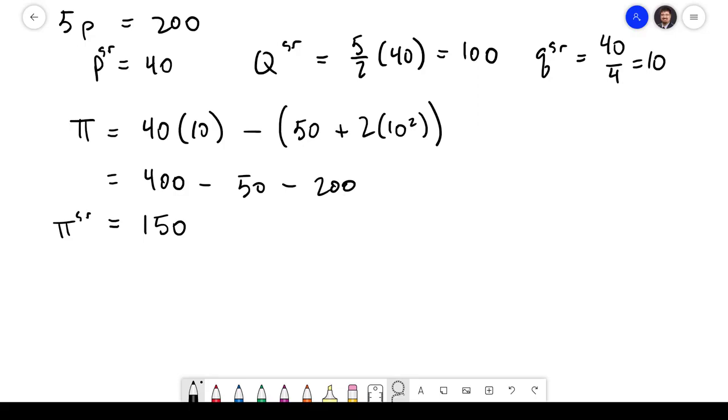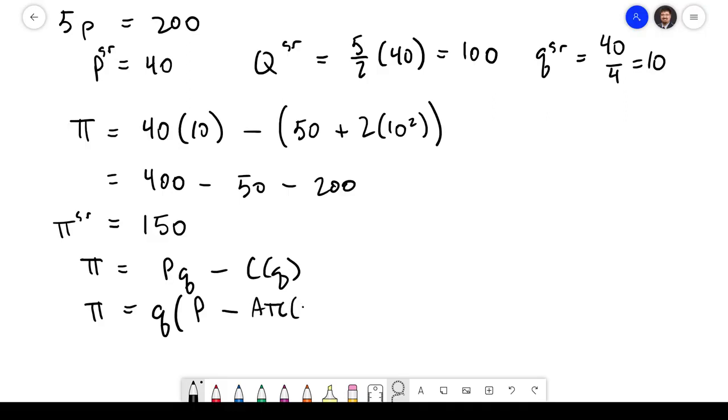Another way to calculate the profit, and this is convenient for graphing, is to rewrite profit, which is price times quantity minus C of Q, is to factor out a Q. So if I pull a Q out from here, I'm just going to be left with P minus cost divided by quantity, which is going to be average total cost.